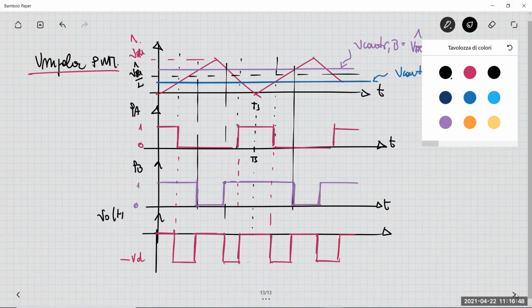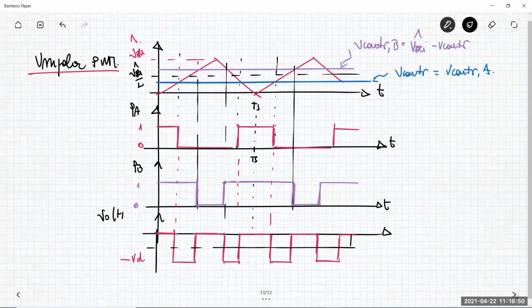Which is the average value? I don't know, maybe here. It is negative. It comes out, it's no surprise, because the control voltage here is less than the triangular peak divided by 2. And so the average voltage should be negative.